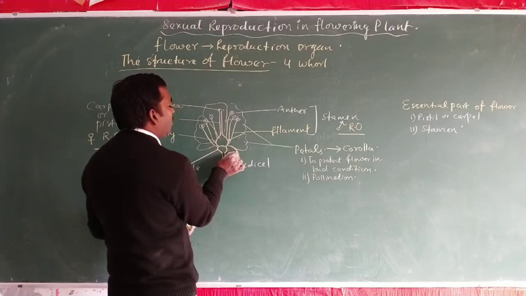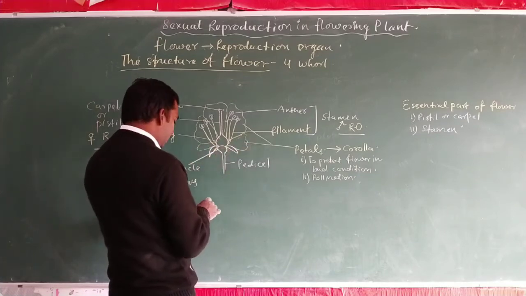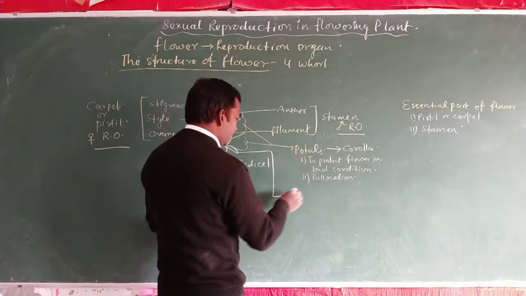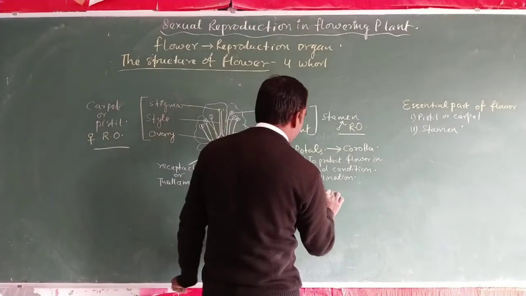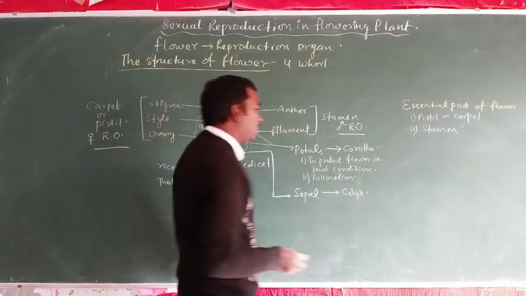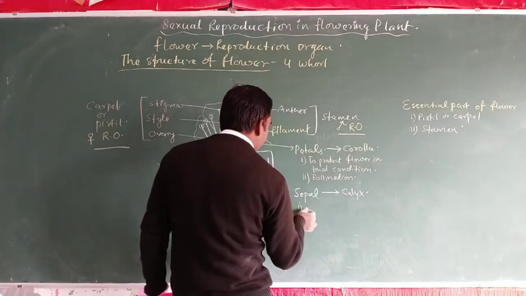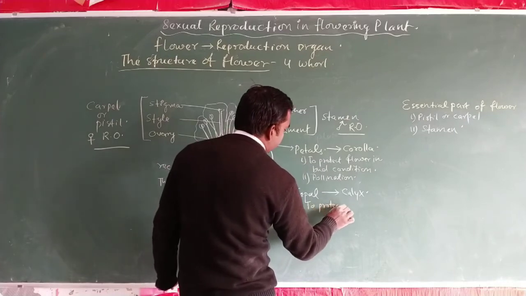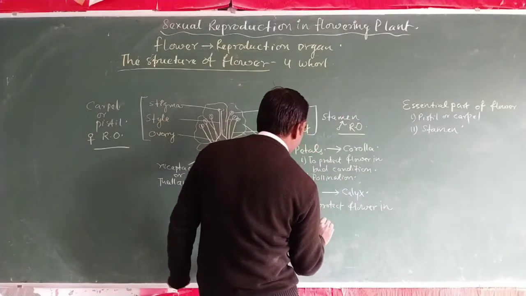Now the next, the outermost wall, which is green in color, is known as sepals, and all the sepals together make the calyx. The functions of sepals: the first is the same as petals, to protect the flower in bud condition.